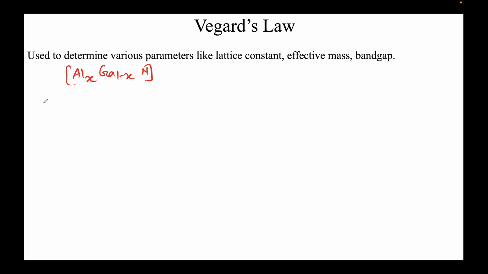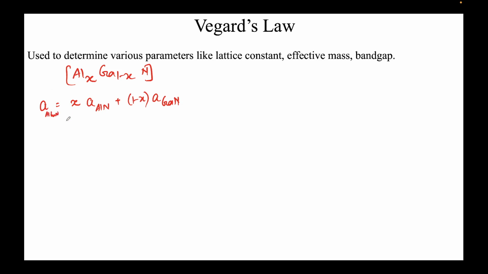I can write the lattice constant will be x times the lattice constant of aluminium nitride plus 1 minus x times the lattice constant of gallium nitride. This is the lattice constant for this material. I'm calling this L-GaN.